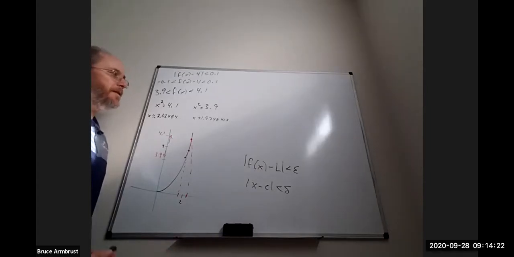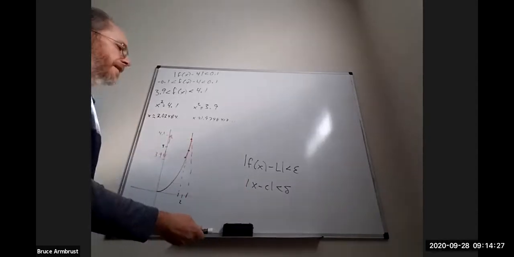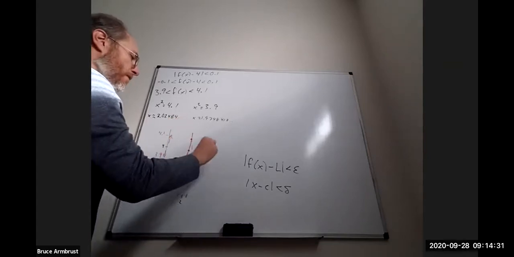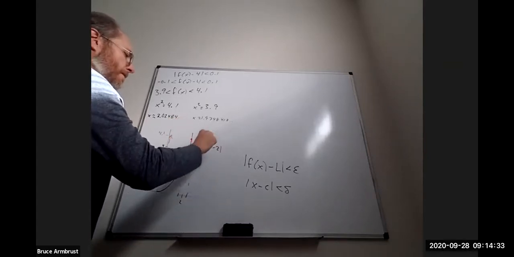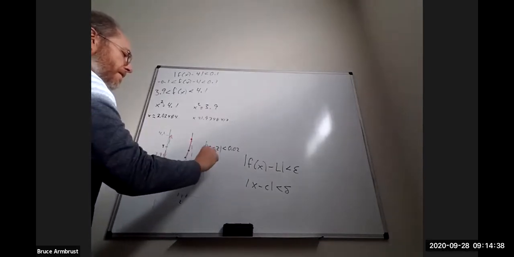All right, so then if you think about this delta thing, you could do the same thing with that inequality. And so we'd have, say, x minus, in our case, 2, less than delta. Well, I chose 0.02 as my delta.